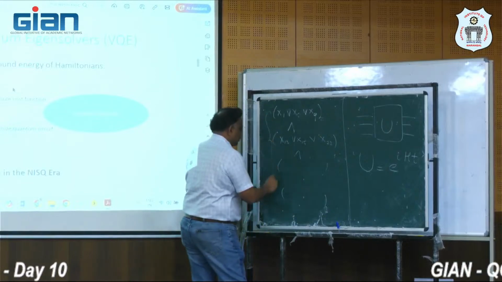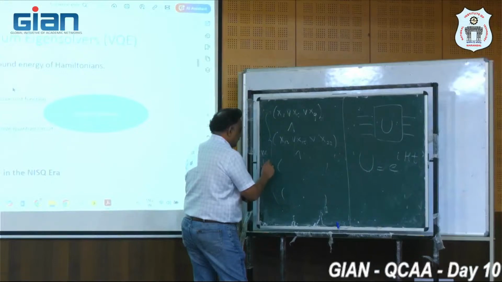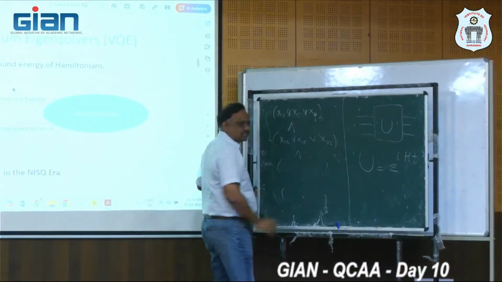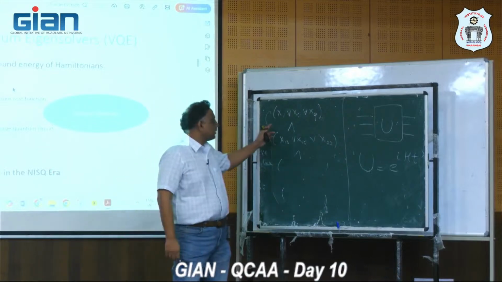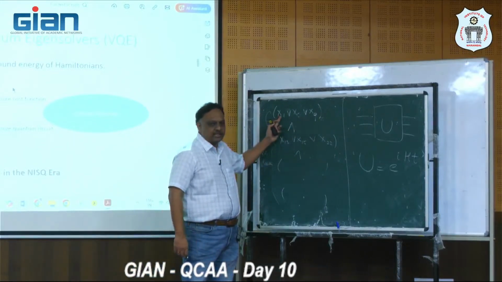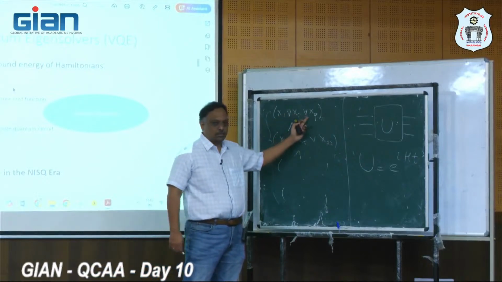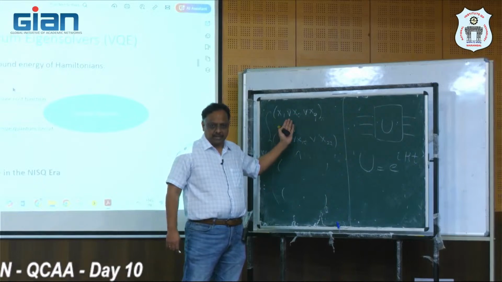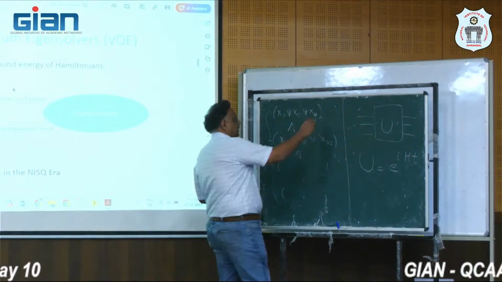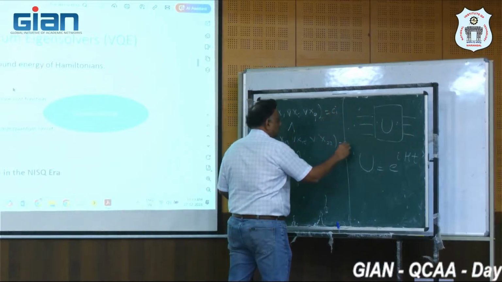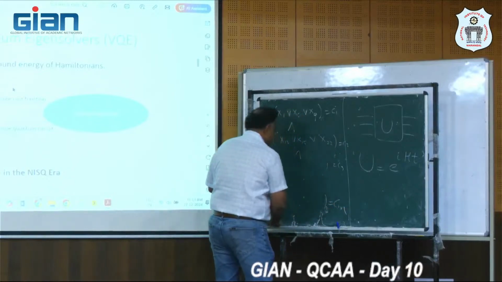Suppose I have such m, what they call clauses. Each one is a clause. We are talking about Boolean variables. This clause is satisfied if either x1 is 1 or x5 is 1 or x9 is 1, because this is OR. If any of the three is 1, this clause is satisfied. Let's call this C1, this is C2, C3, Cm.